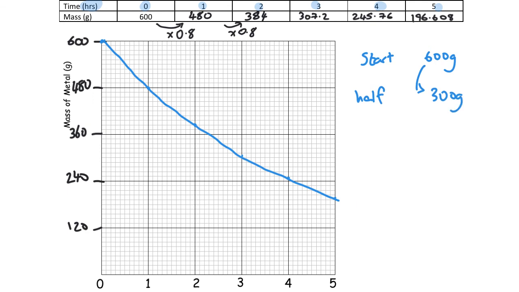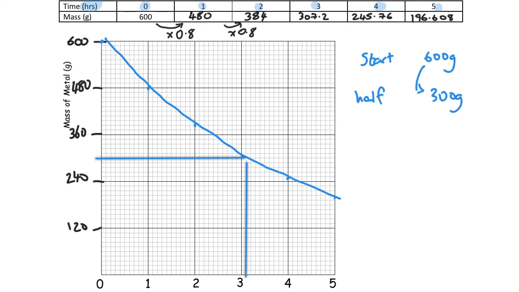If we go to 300 grams and read across, follow to the curve and then drop it down, we see that it's 3.1 hours, which is going to be 3 hours and 6 minutes for the half-life.